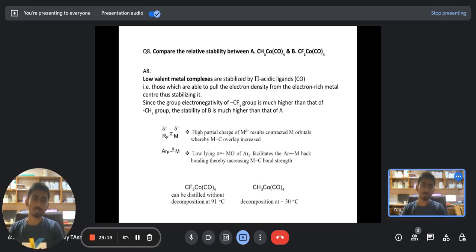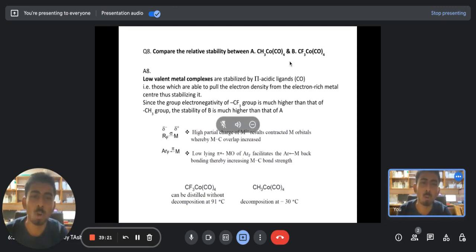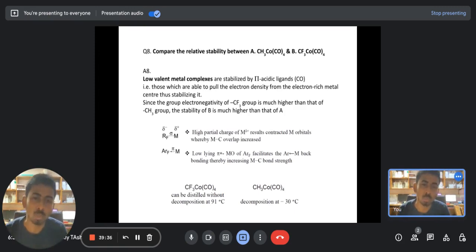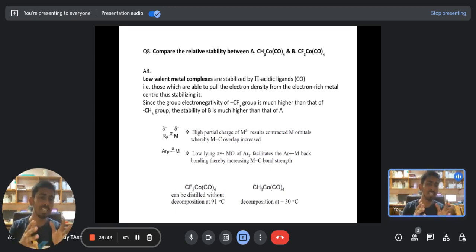So why is it so? In both the cases, the cobalt compound is in the 1 oxidation state, and you know that low valent metal complexes are those where the usual or less than the usual oxidation states are present, 0, 1, -1, such kind of cases. So low valent metal complexes are those where the electron density on the metal center is quite high.